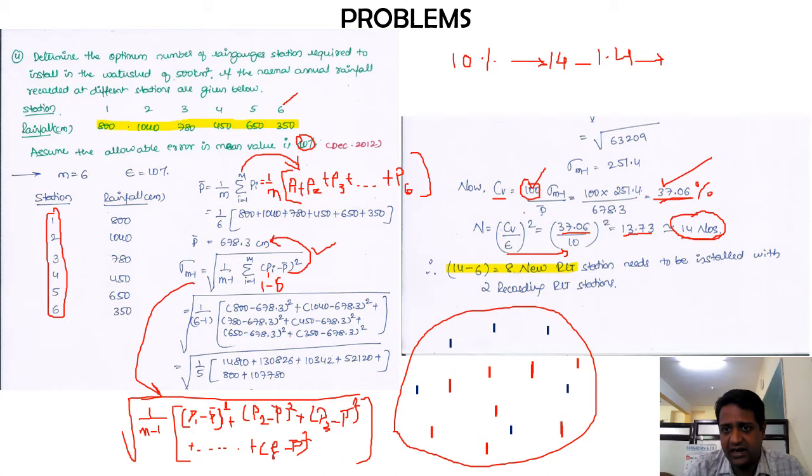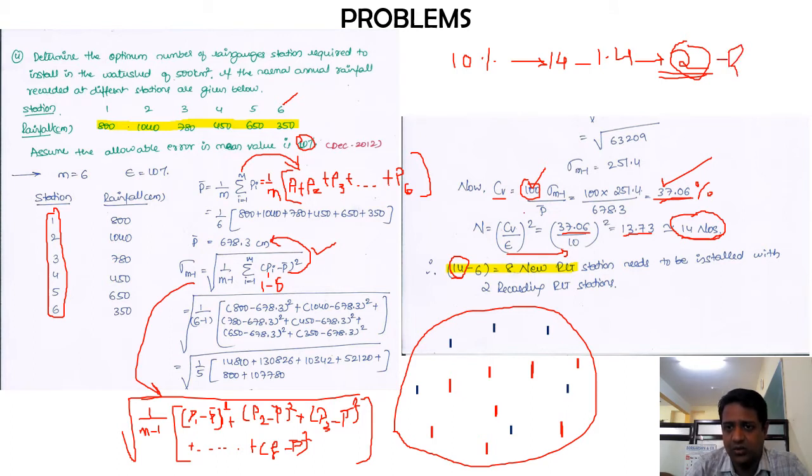Since it is a partial number, I am going to round it off to 2. So out of 14 rain gauge stations that are required, 2 rain gauge stations should be of a recording type.